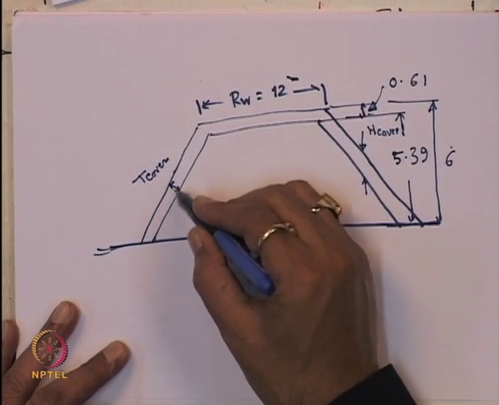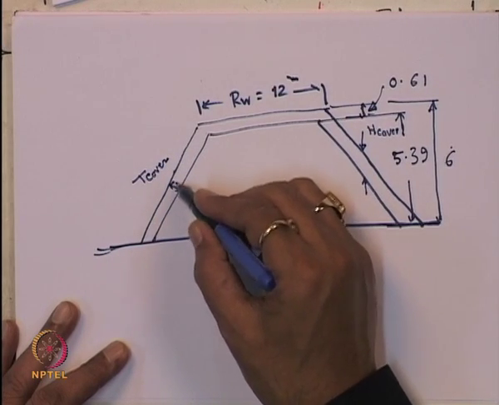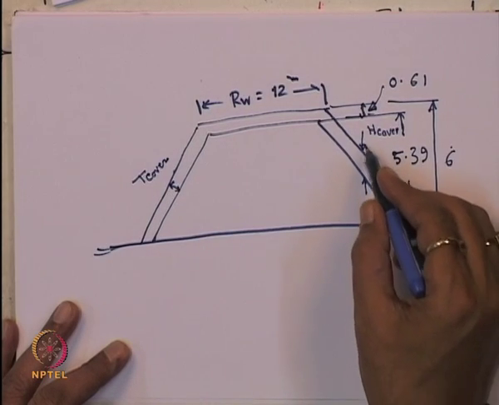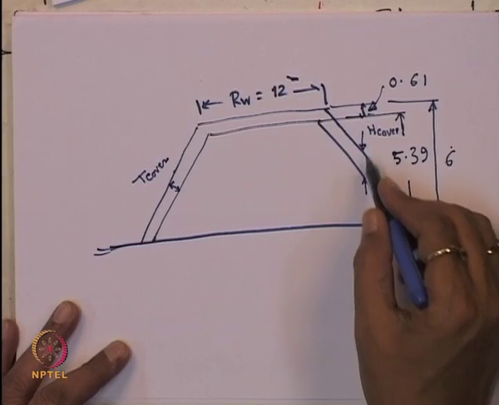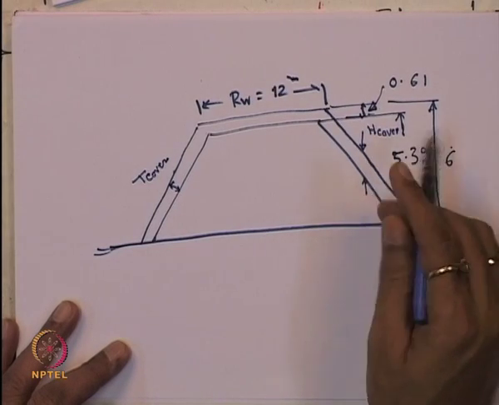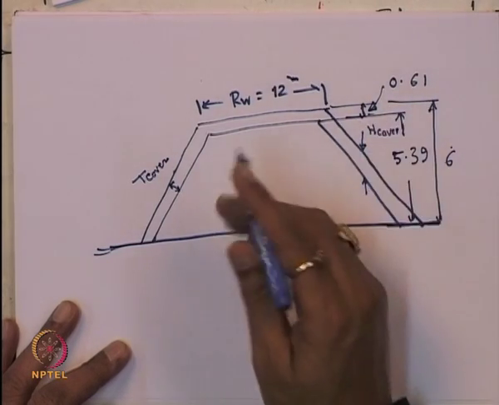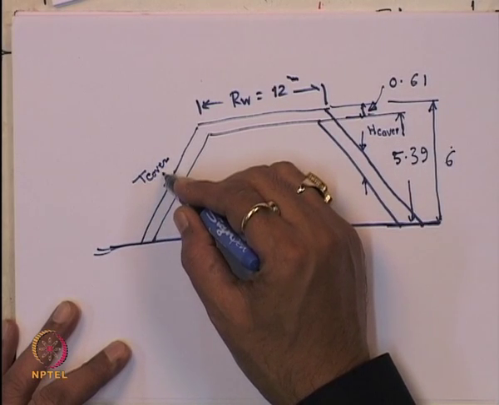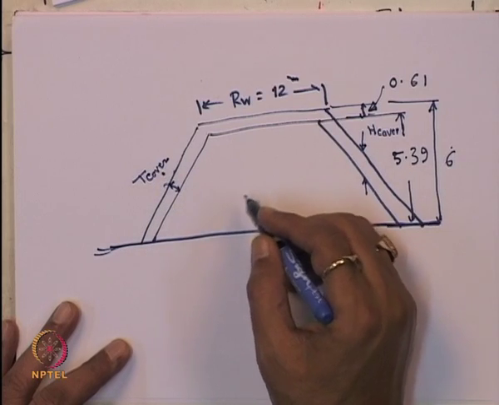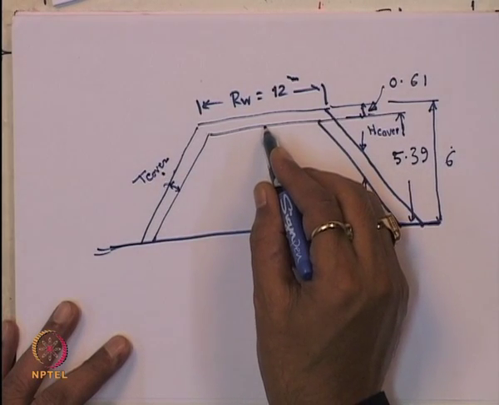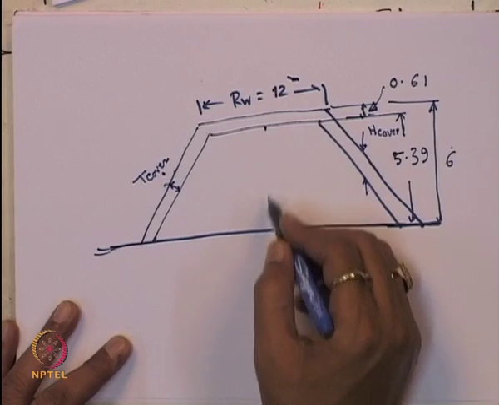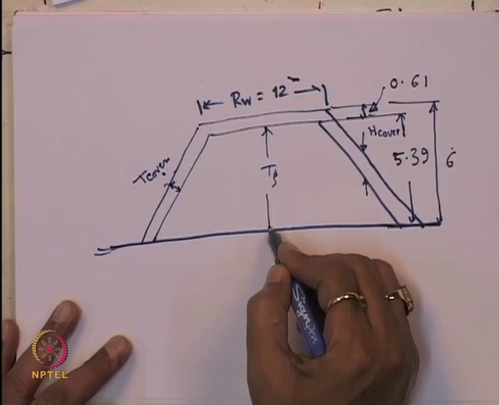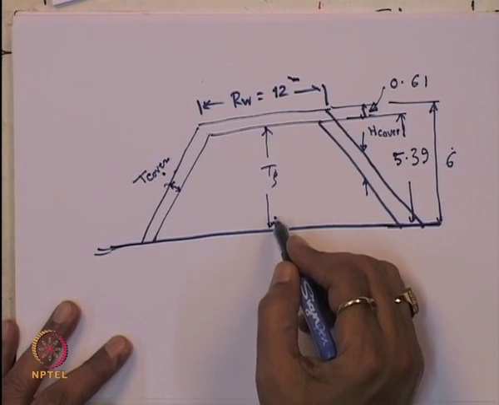So, this is the perpendicular thickness of the soil cover. So, this and this are not the same. This is H cover, that means vertical thickness of the soil cover, and this is the perpendicular thickness of the soil cover, which is T cover. And you know that this is the thickness of the geofoam, that is called the T of G.